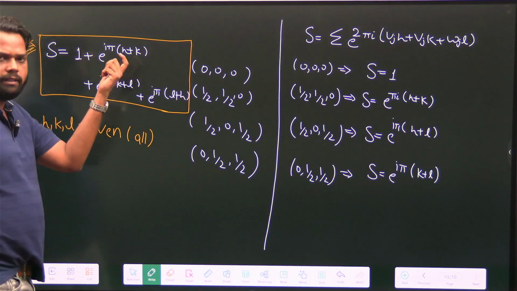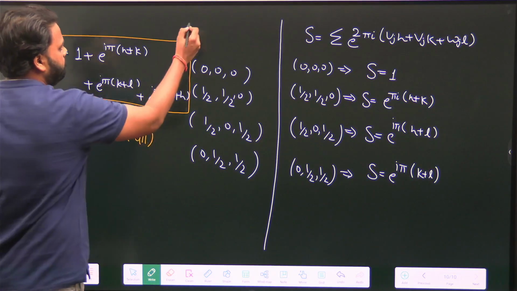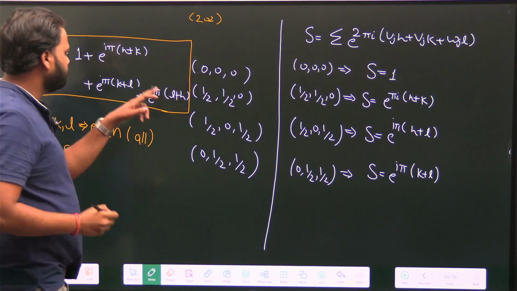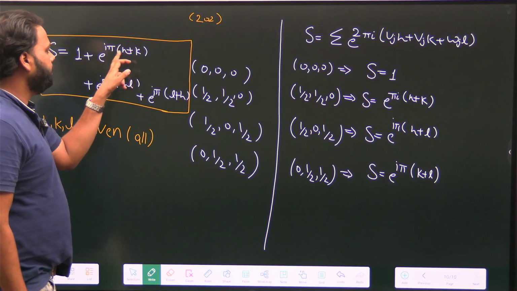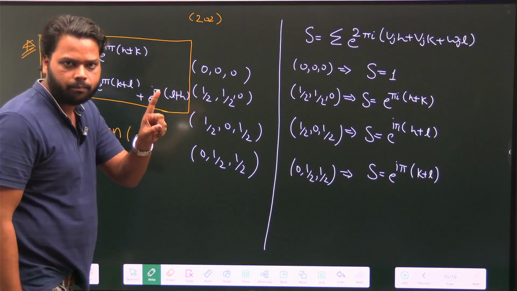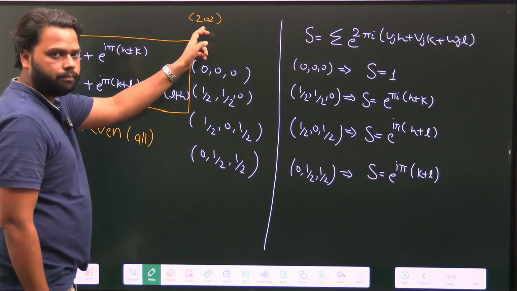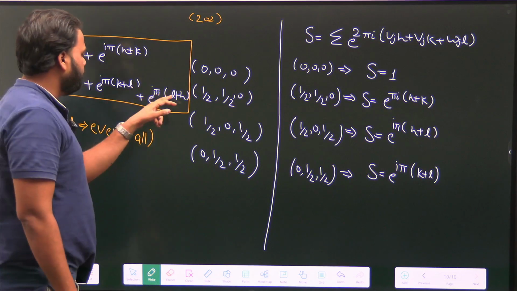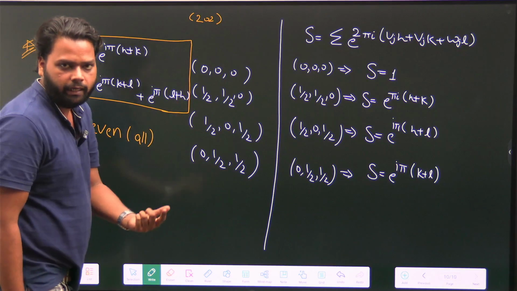See, let's take an even number, let's suppose 2 and 0. Example 2, 0, 2. We are taking all as even. So the value of h is 2, the value of k is 0. So this factor will be e to the power 2 pi i, which means 1. If you take k plus l, that will be again 2, and again this factor will be e to the power 2 pi i, and this will become 1. And for l plus h, this will become 4, e to the power 4 pi i, and it will become again 1.